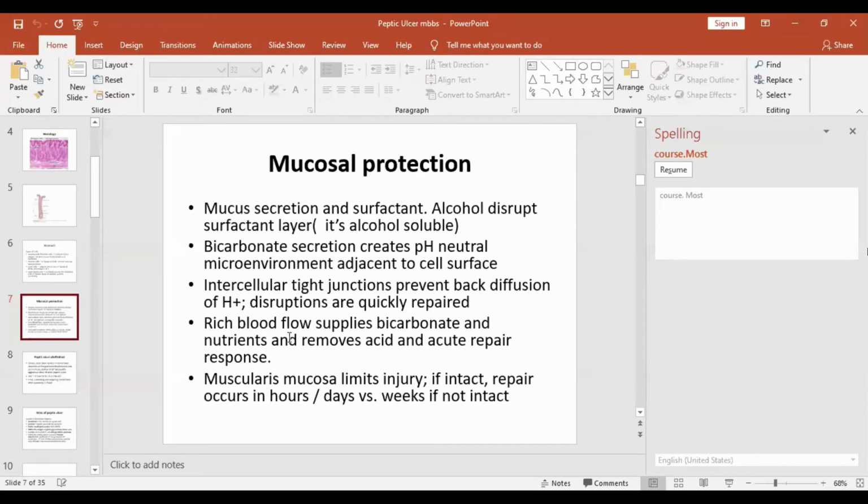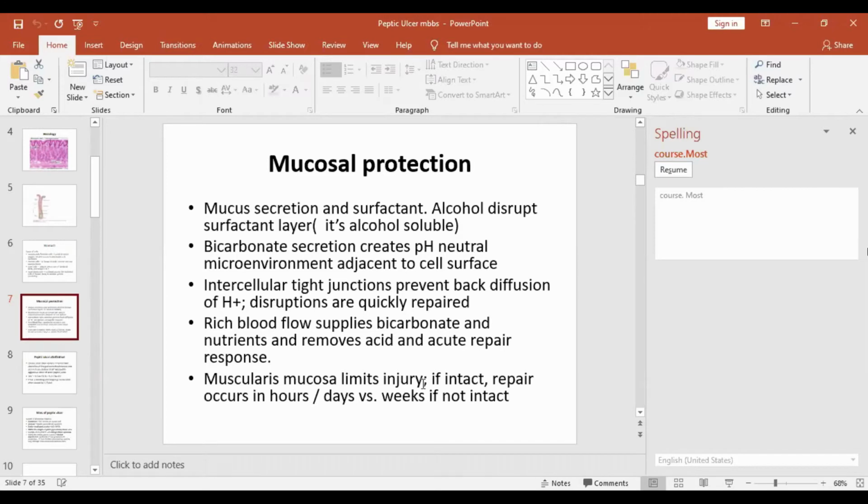Then there is rich blood flow of the mucosa, which supplies bicarbonate and other nutrients and removes acid, and causes an acute repair response if there is damage. So it is rich blood supply, intercellular tight junctions, bicarbonate secretion, mucus secretion, and surfactant. And then the muscularis mucosa, which is the thin muscle layer below the mucosa, not the muscularis propria, is intact and repair occurs.